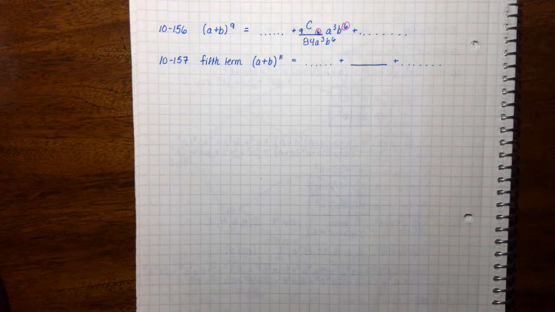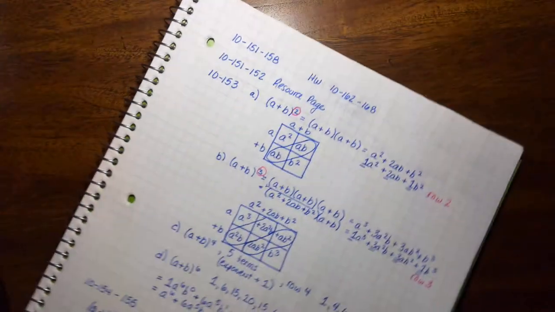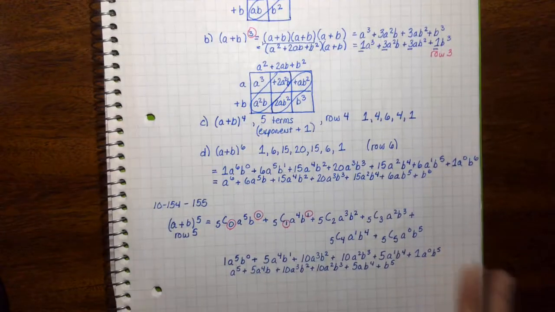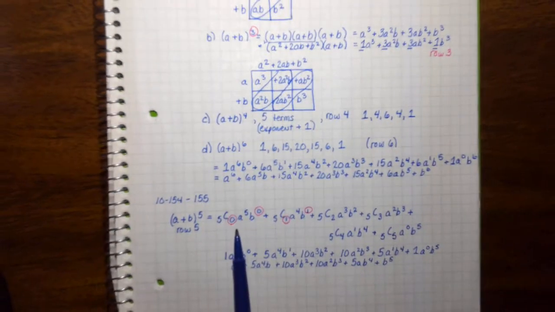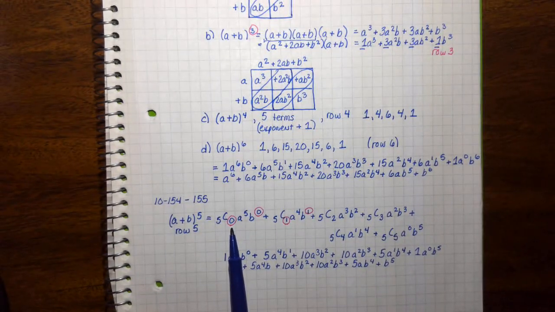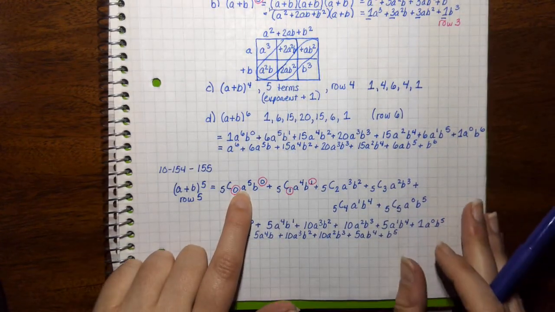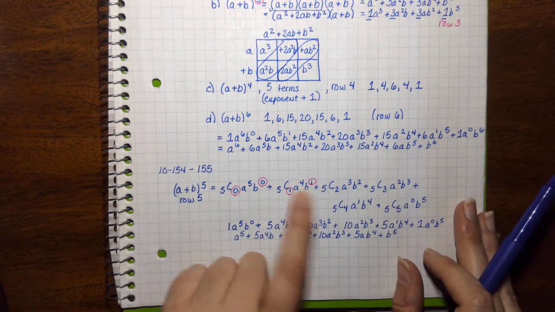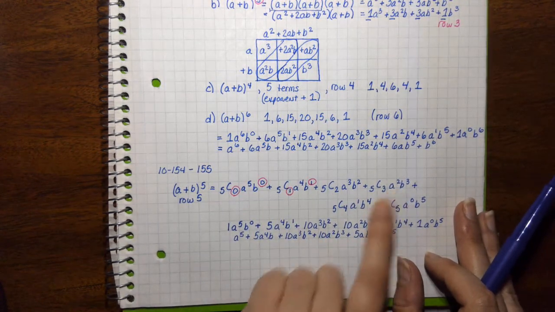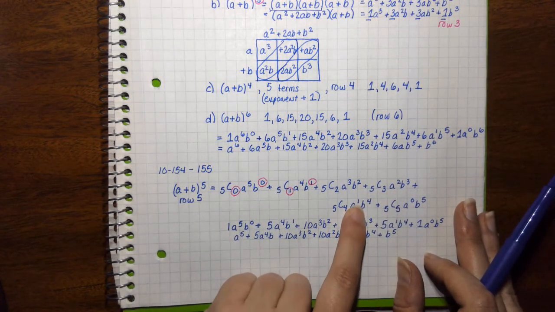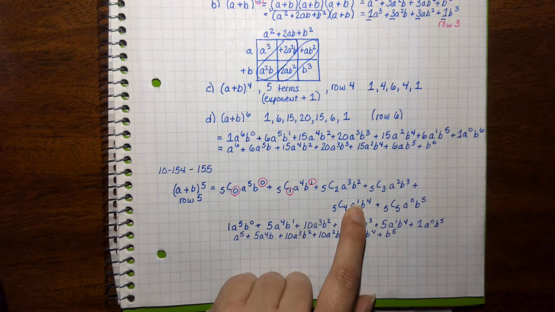Okay, so let's go back to our completed ones. What do you notice about the exponent of a in this problem that is 5 terms out? So 1, 2, 3, 4, 5. The exponent of a is 1.